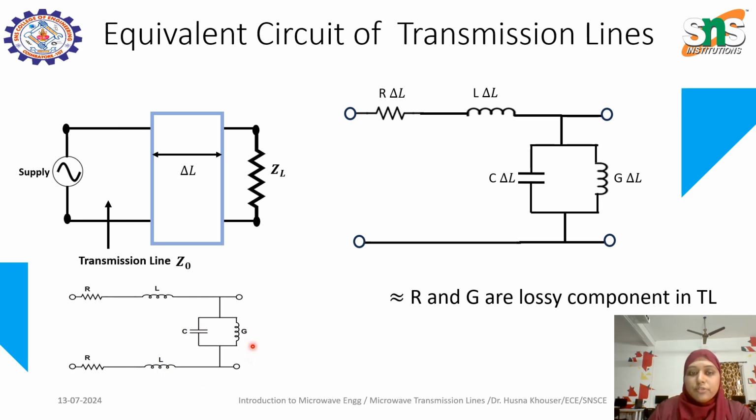Instead of taking the infinite transmission line model, we have taken this equivalent circuit of the transmission line model with a small length del L. Del L is a separate part of this transmission line model. Here we are passing the signal, and it is transmitted to the load.